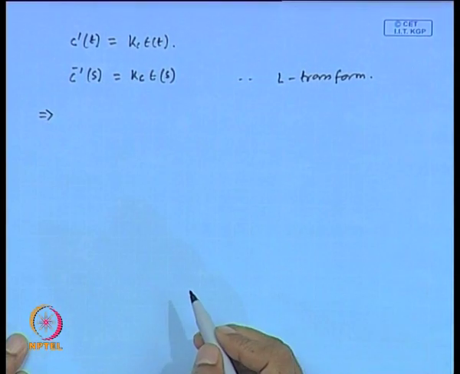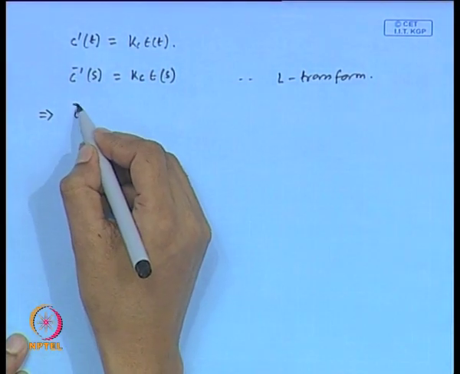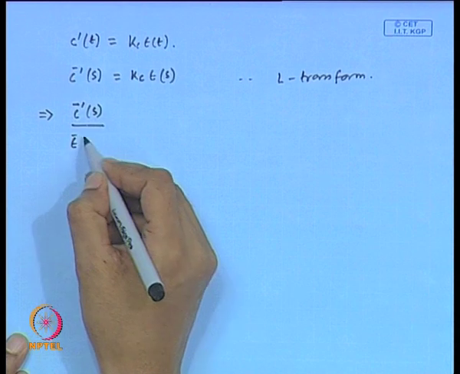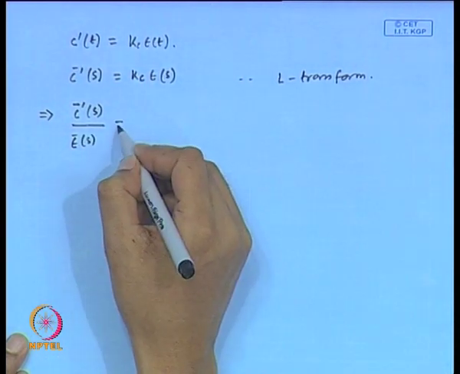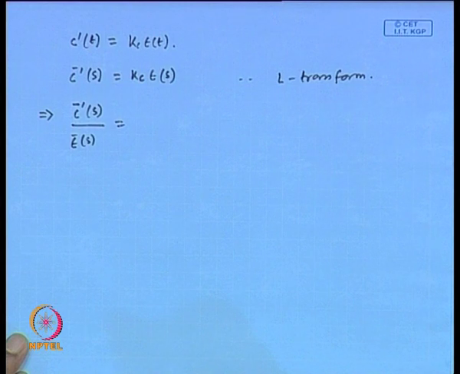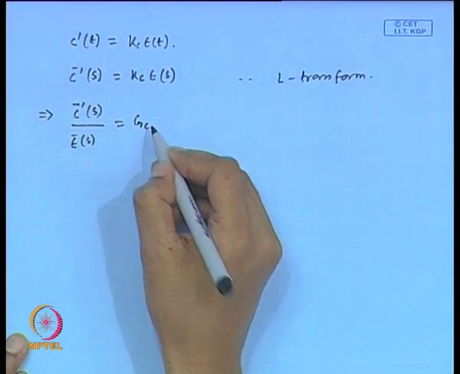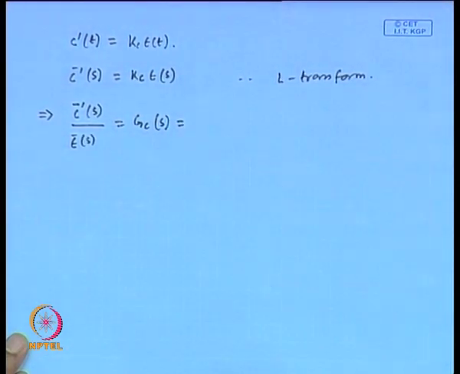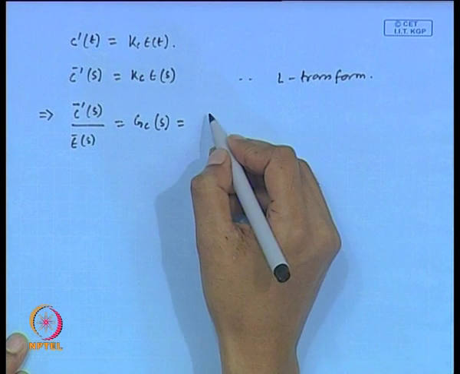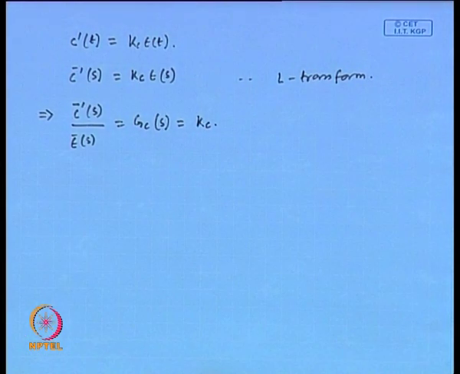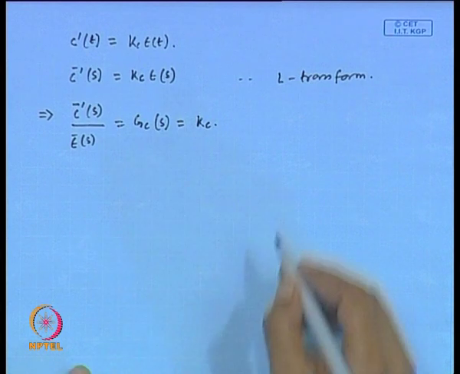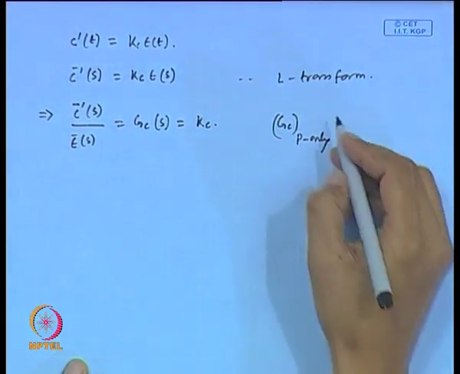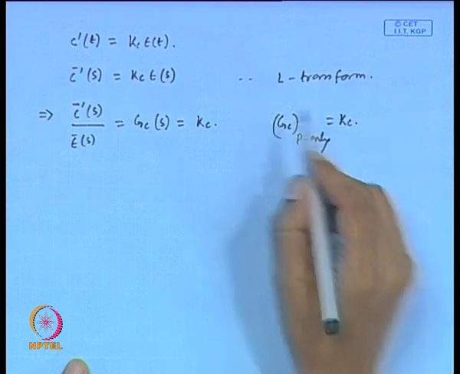Now, what is the output of the controller? C prime bar s. What is the input to the controller? Epsilon bar s, and this can be represented as transfer function of the controller G C s, and G C s is equal to K C. So, for P only controller the transfer function is equal to K C.